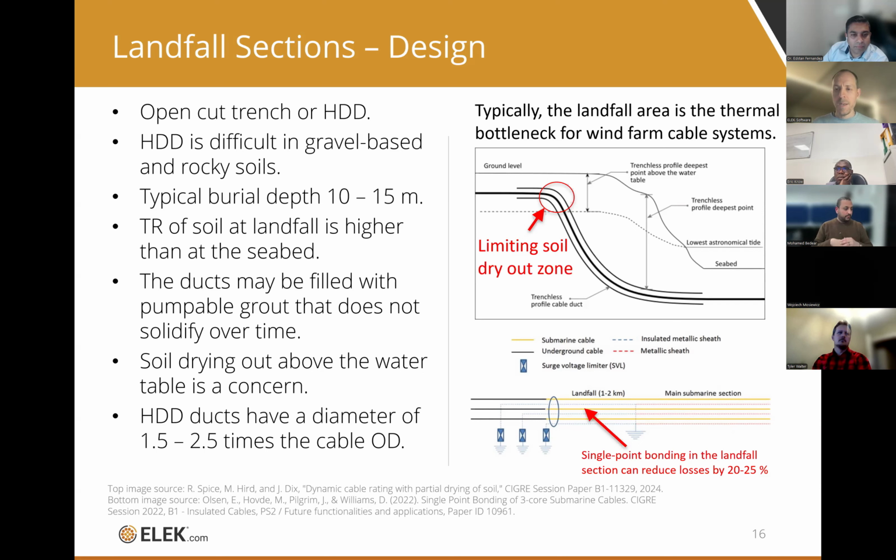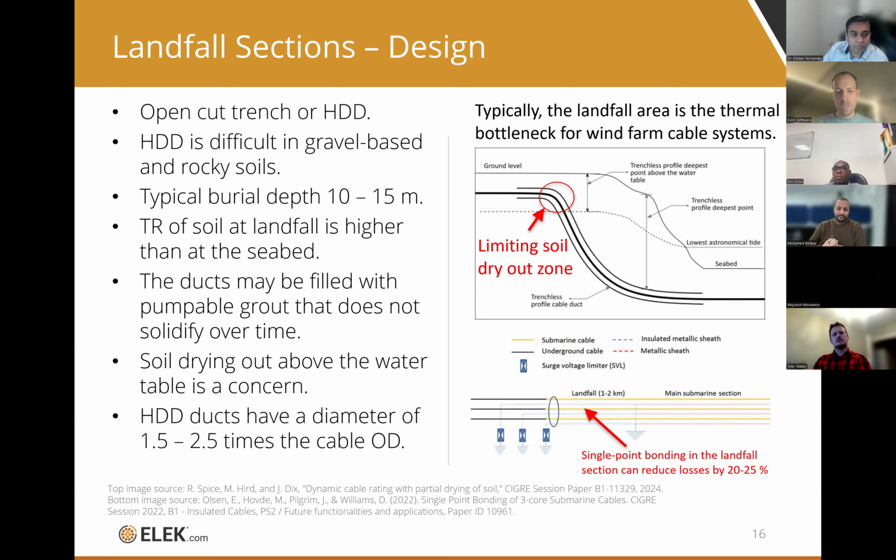Another recommendation that you can use: remember that I mentioned that in these submarine installations, solid bonding is used, and this can really derate the cables quite significantly. So if you need to get around that, and if the landfall section is a real bottleneck to the export cable for the installation, you can consider using single point bonding for the landfall section.